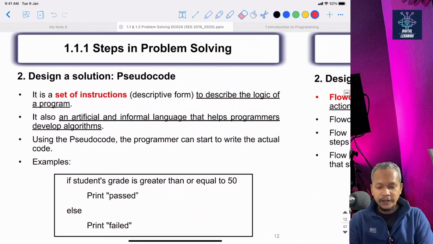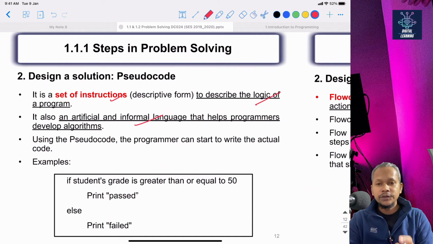Okay, what is pseudocode? Pseudocode is a set of instructions to describe the logic of a program. It is also an artificial and informal language that helps programmers develop algorithms.